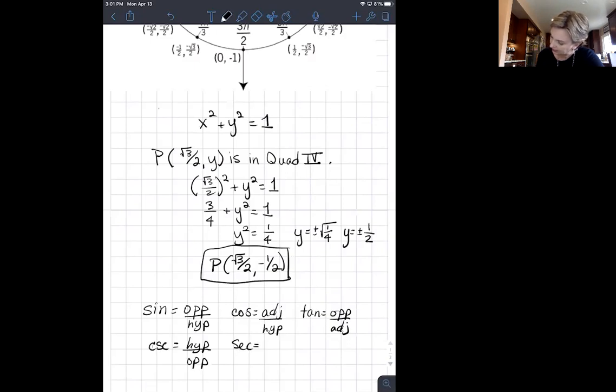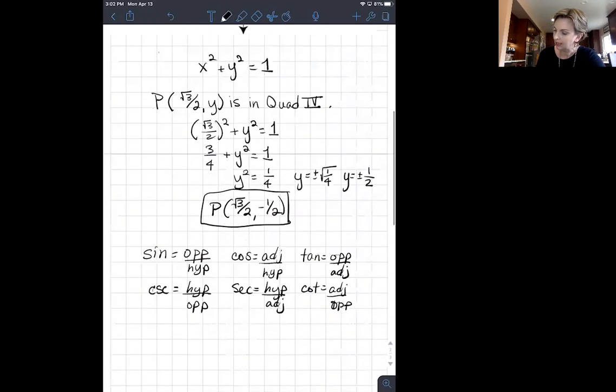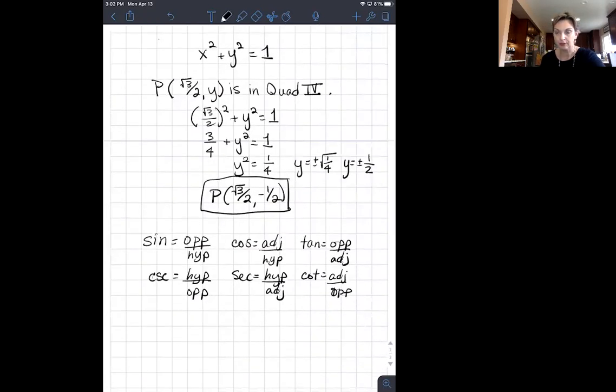Then we had cosecant, which is the reciprocal of sine. Secant, the reciprocal of cosine. And cotangent, which is the reciprocal of tangent. And then you may remember that we took those trig functions and shifted them into the coordinate plane. We have our angle right here.